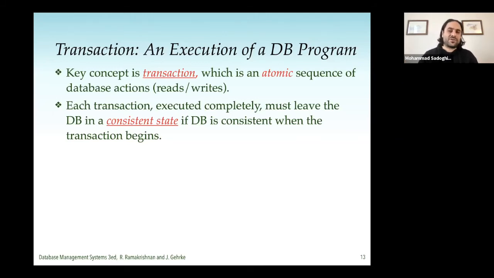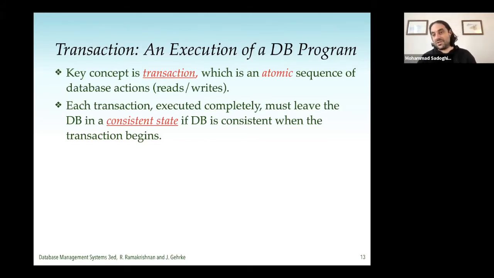And the other thing about this contract is that not only do the terms of the contract have the all or nothing property, though of course there are relaxations of this, but the base model is the all or nothing property. But we also need to understand the effect of it on the system. And so atomicity is one key property of transaction.